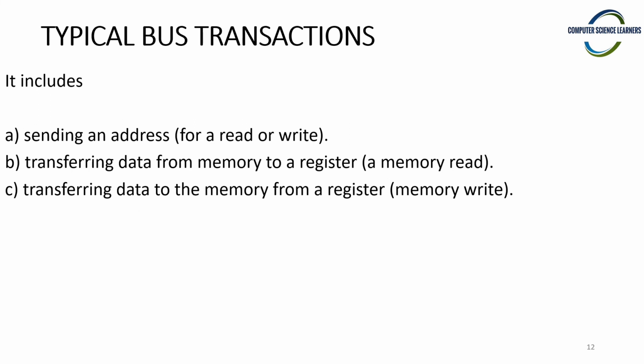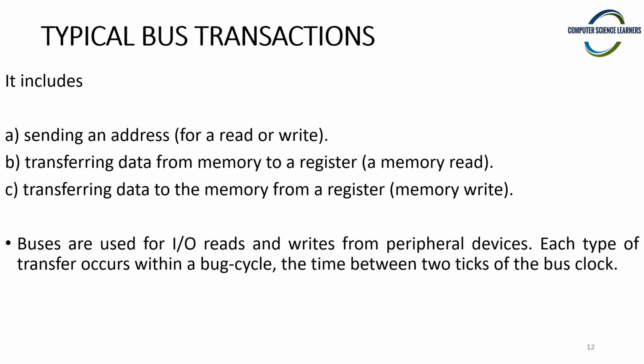So it is memory read and memory write. There are also certain buses used for IO transfer. All of this is governed by the clock, so clock synchronization needs to be done.